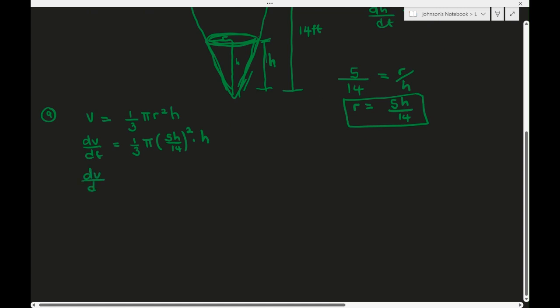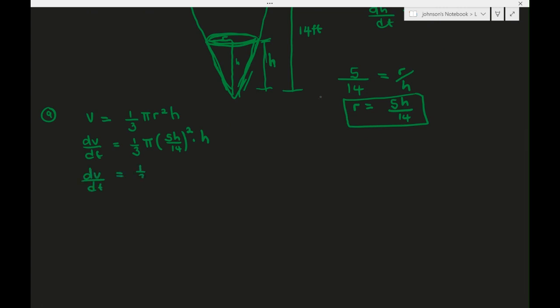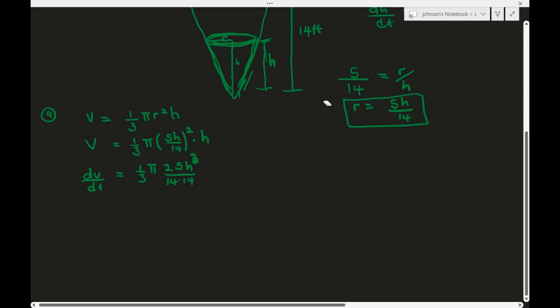So this will give us V equals 1 over 3 pi, and this gives us 25 h squared over 14 squared, which is 14 times 14. And here you have another h, so this becomes h cubed.